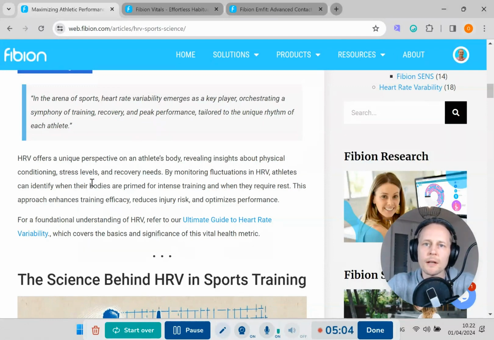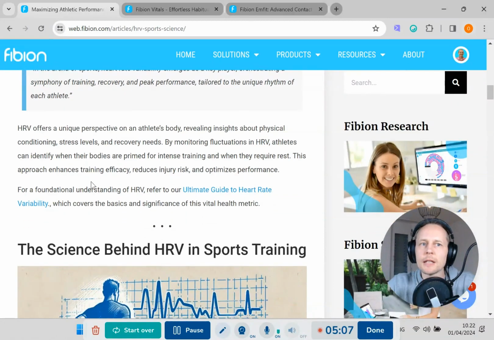So with HRV guided training, you can enhance training efficacy. You can probably reduce injury risk, as if you are pushing too hard, you are increasing injury risk. And also, if you are not recovering enough, your cognition is not at its best state, and you can make mistakes.